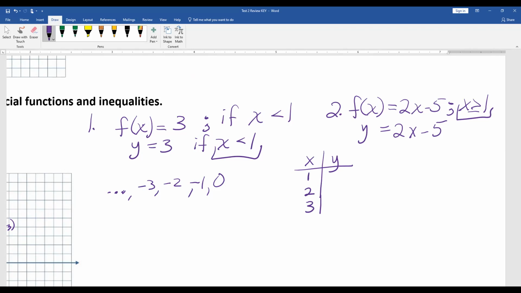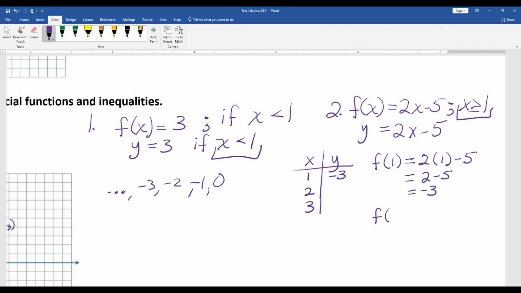All right, so let's do it this way. If x equals 1, so this is f of 1 equals 2 times 1 minus 5. So you just plug in 1 for every x. In this case, there's only 1. And so where x is 1, y is 2 minus 5, which is negative 3.